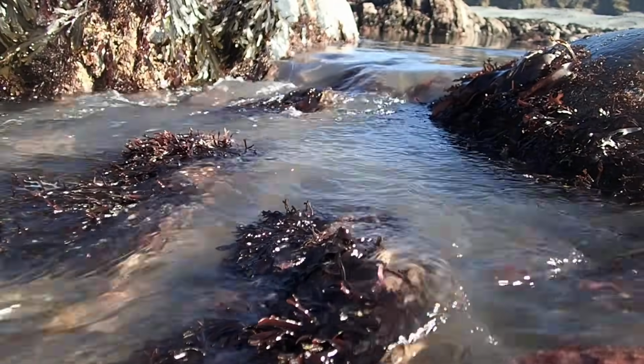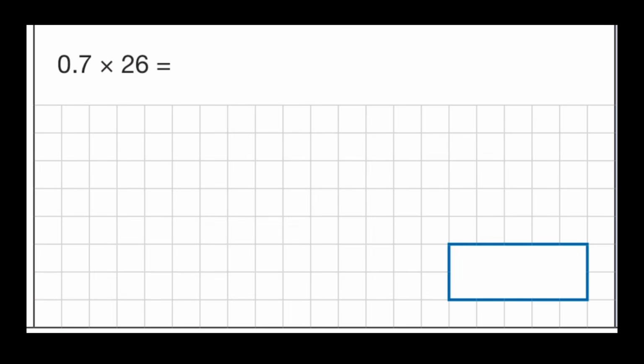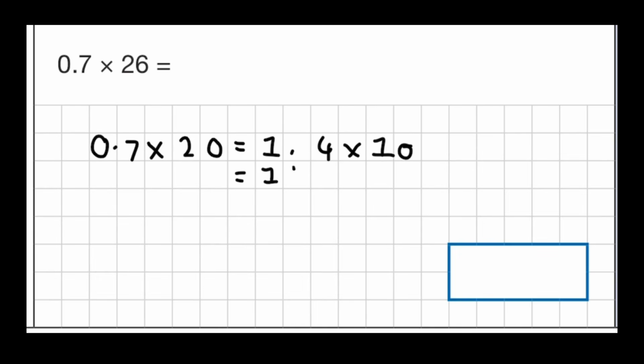To go through this one together. This is 0.7 times 26. So 0.7 times 20 is the same as 1.4 times 10, due to the double and halving method, which is equal to 14. So 0.7 times 20 is equal to 14. 0.7 times 6 is just the same as 7 times 6 divided by 10.